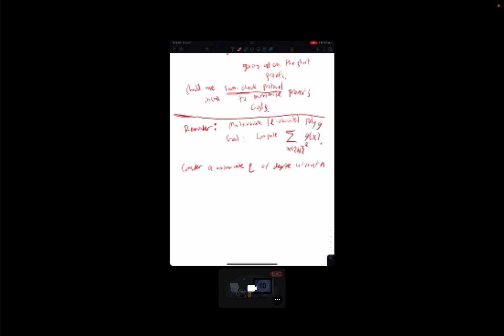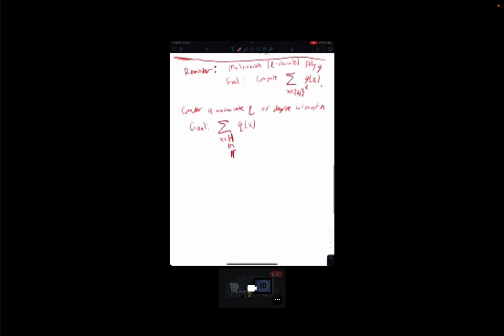Okay, and its goal is to sum up evaluations of Q, where now the sum is over a set capital H. Because Q is univariate, this set has to be a subset of the field that Q is defined over.